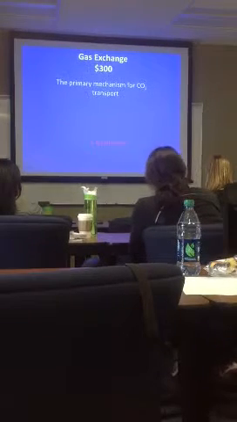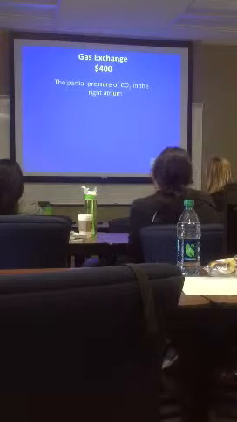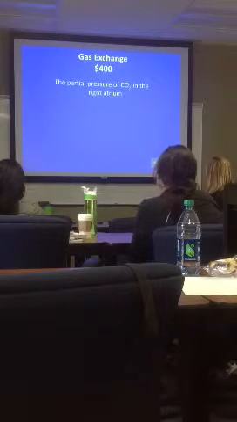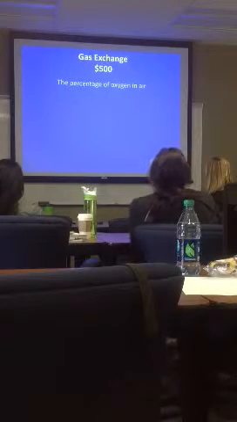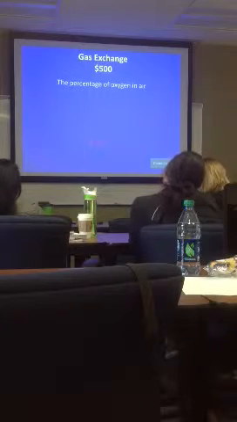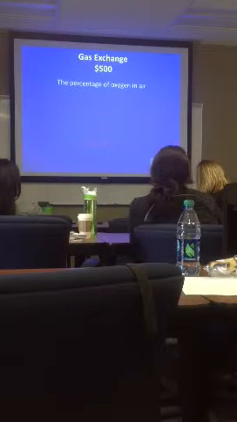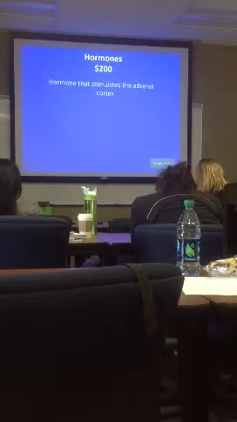Partly is gas, partly bound to hemoglobin. Partial pressure of carbon dioxide in the right atrium. So right atrium transports deoxygenated blood, so it would have to be 45. Percentage of oxygen in the air, about 21%. What is the rest of air? Mostly nitrogen. And you have some carbon dioxide, a few other things.